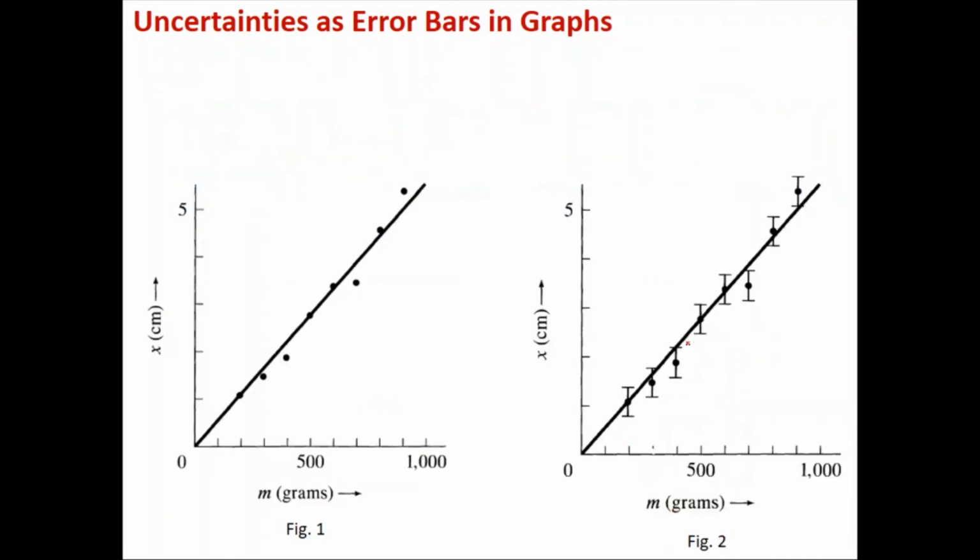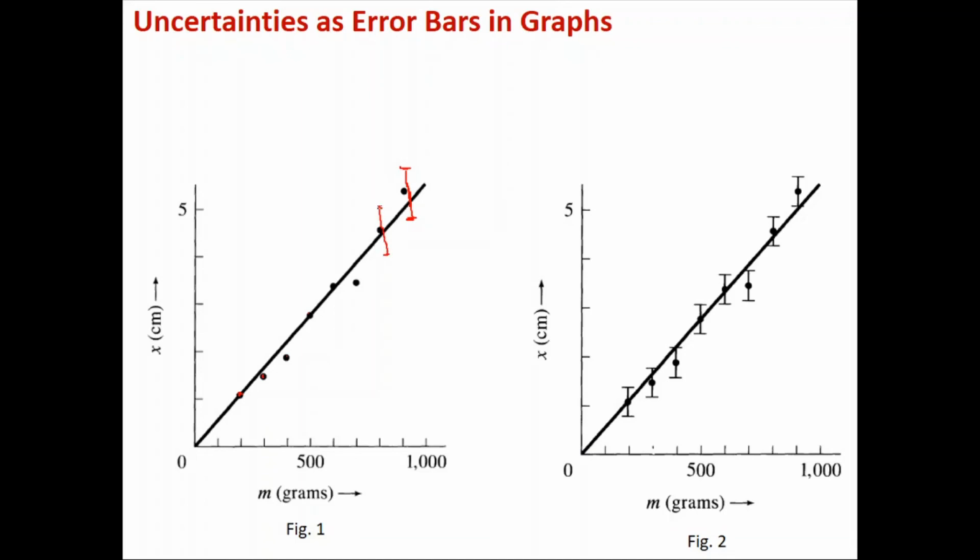Let's show an example here, in measuring, for example, the masses in grams. These are your measurements. For example, this is the first measurement, this is another measurement, and these are some other measurements, and this is the line of best fit. This is the representation without the error bars. But if you include the error bar to each of these measurements, you have to include it something like this.